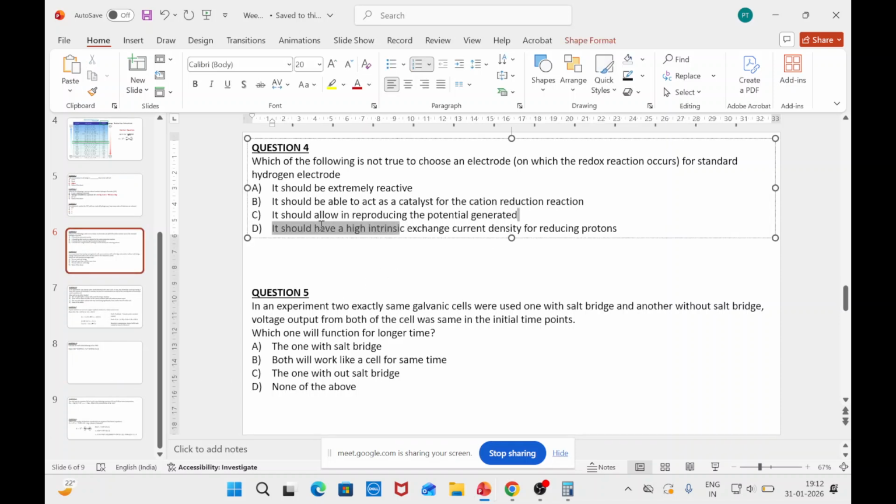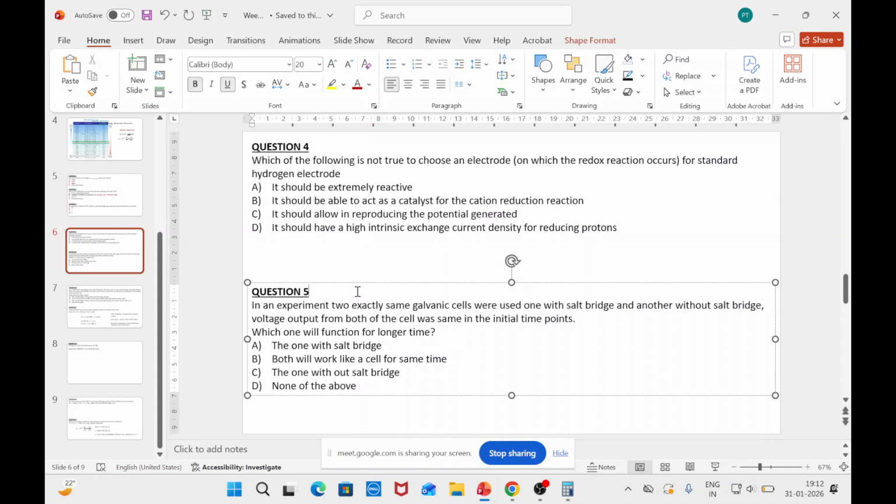So C is correct. It should allow reproducing the potential generated. And B is also correct. It should be able to act as a catalyst for the cation reduction reaction. D, it should have a high intrinsic exchange current density for reducing the proton, is also correct, because the protons need to be absorbed onto the electrode surface.